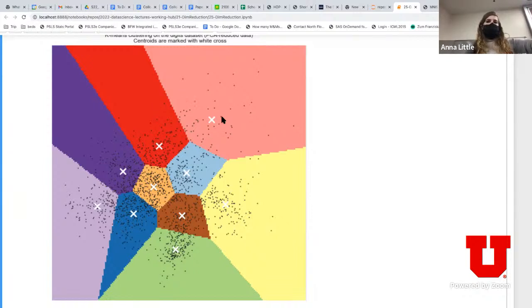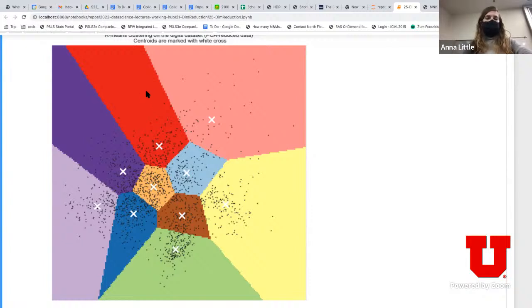And then we can extend the colors now to a model on points that have never been seen before, because if we have a new data point coming in, we could decide, okay, what's the centroid that I'm closest to?